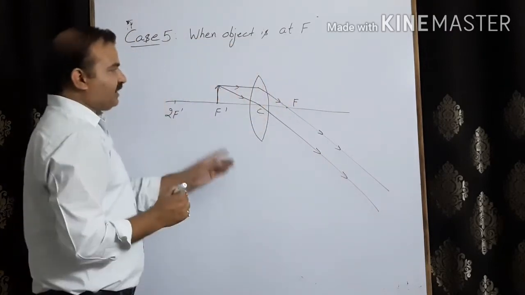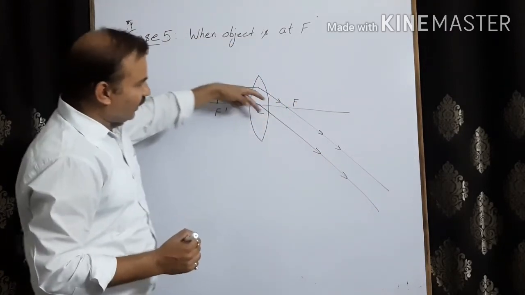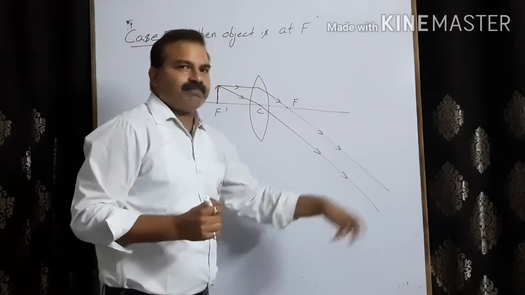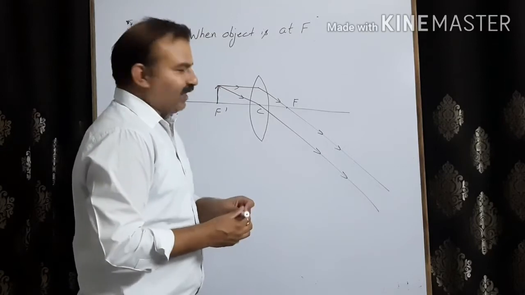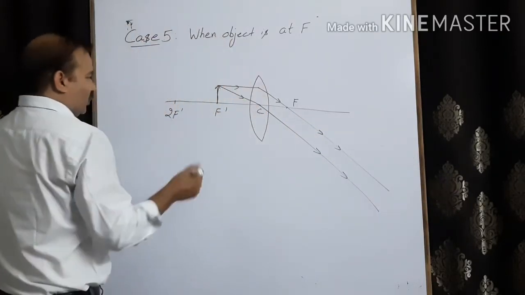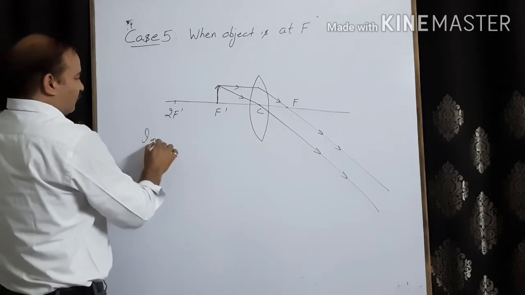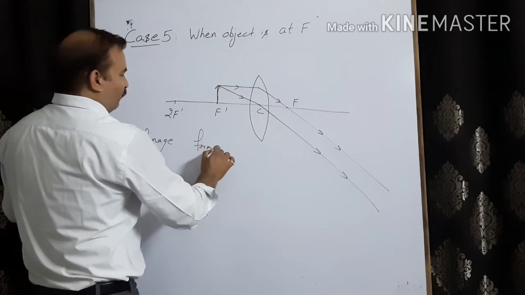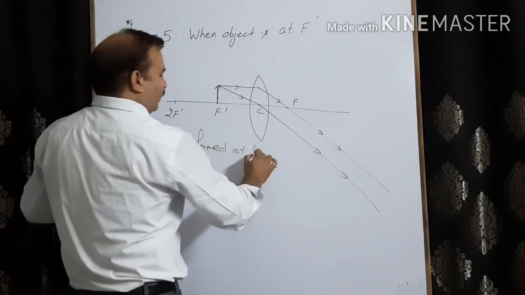Now please have a look. In this case the rays of light are going parallel, and as parallel lines do not meet, we consider that they will meet at infinity. So in this case the image will be formed at infinity.